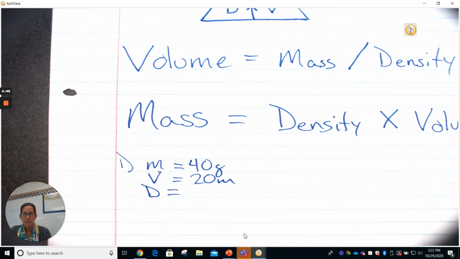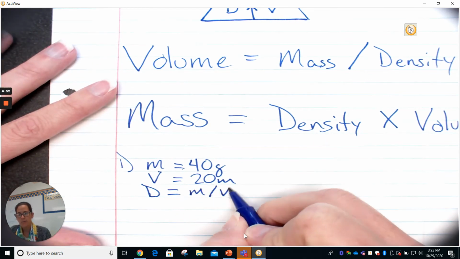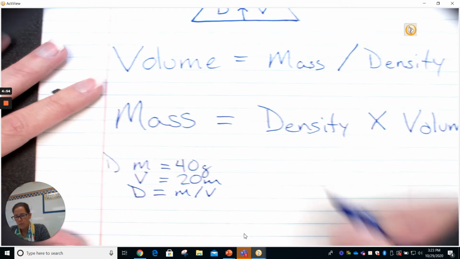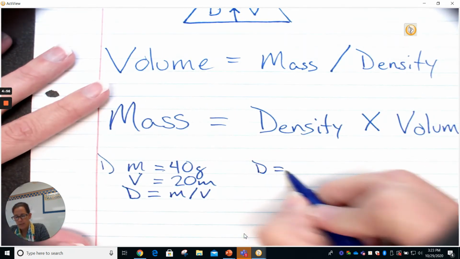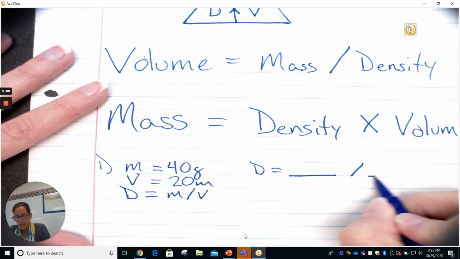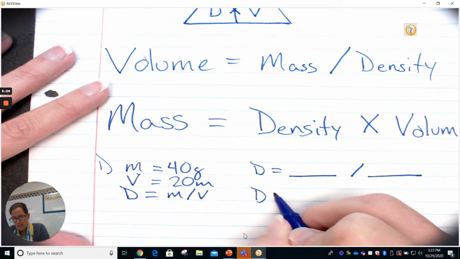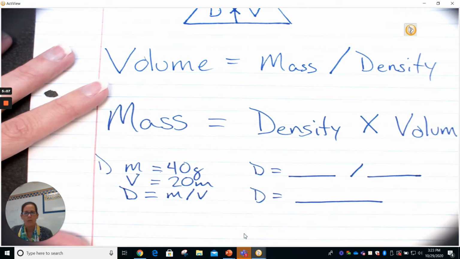So our density formula is D equals mass divided by volume. Okay, so over here I'll put D equals and give myself a spot, divided by in another spot, and then I'll have D equals, and then this is going to be my answer right here.